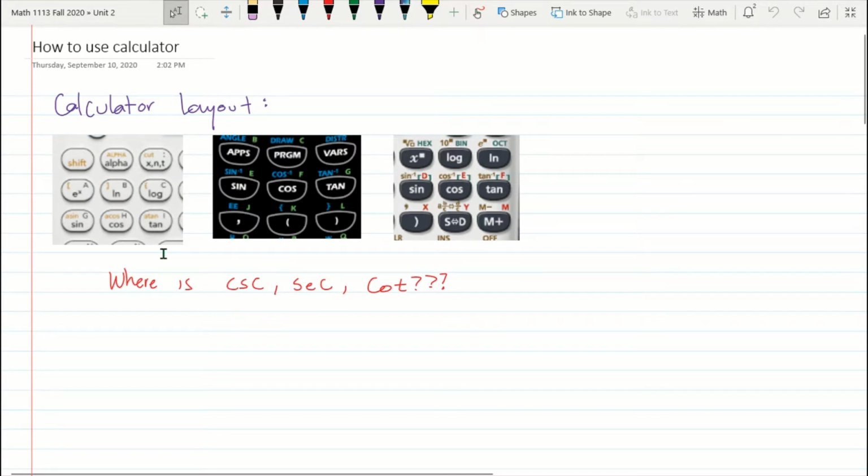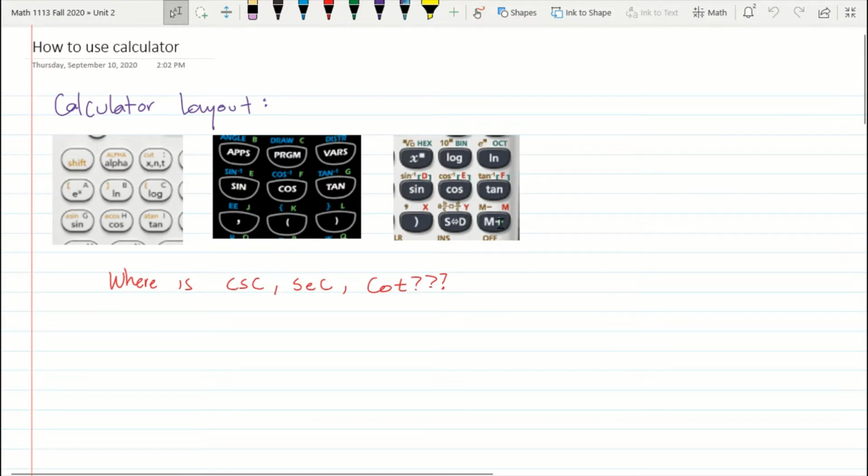The one in the middle is from a TI-84 calculator, which is sine, cosine, and tangent. And the one on the right side is the Casio FX115, and the keys that we're focused on are in the order sine, cosine, and tangent.